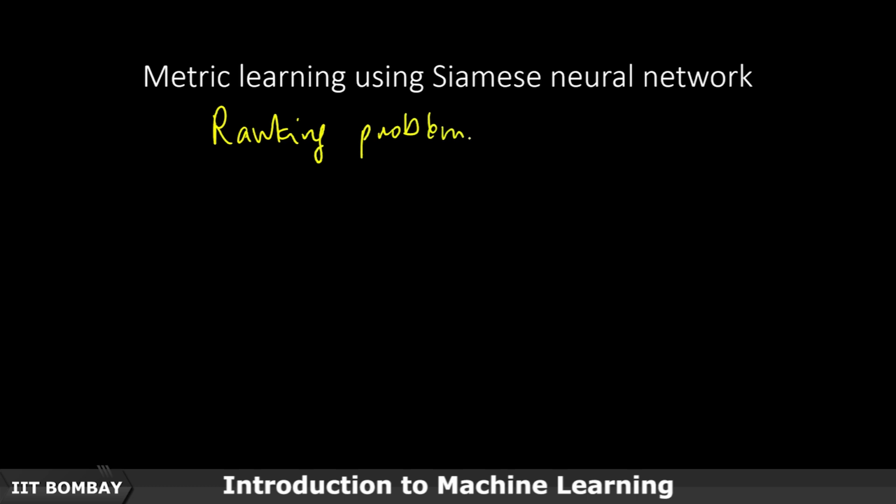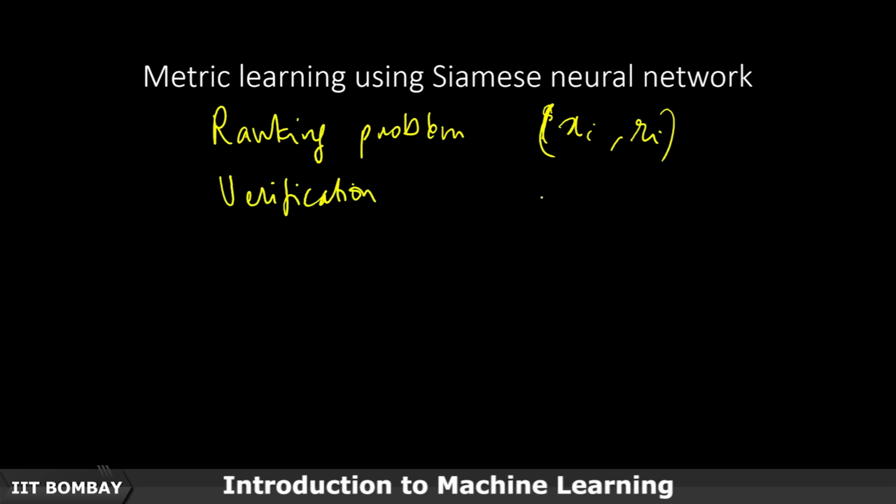So here we are given pairs xi and ri, where ri is a rank or some sort of order of xi. For example, let's say you have images and you want to rank them in the order of aesthetic appeal. That could be one problem. The other problem could be a verification problem.